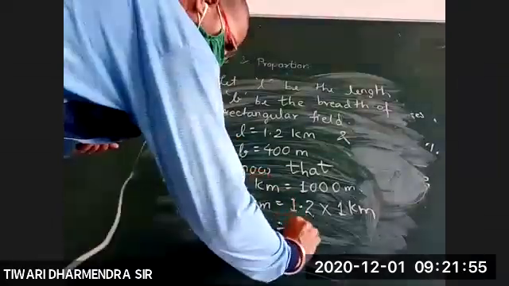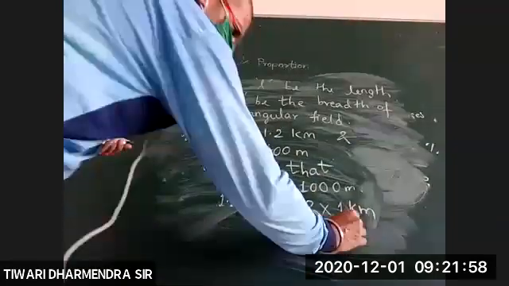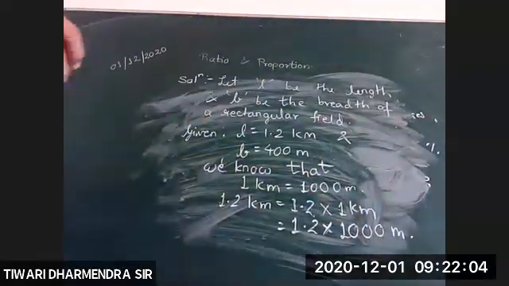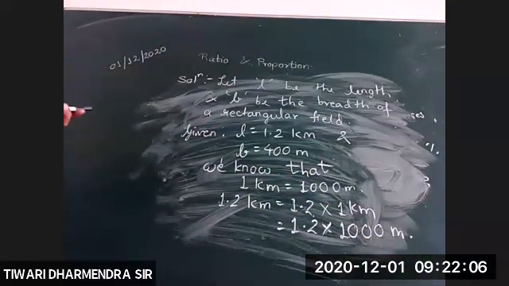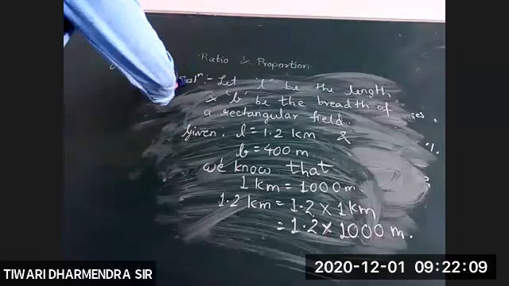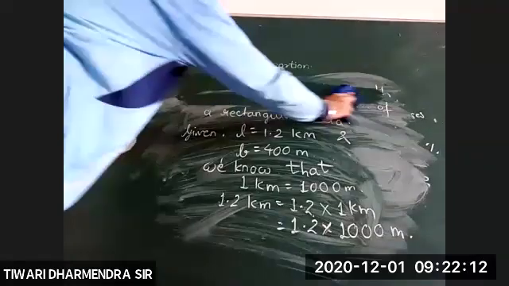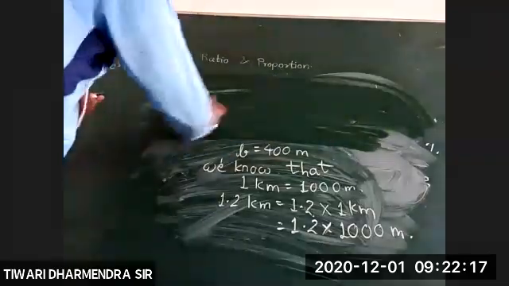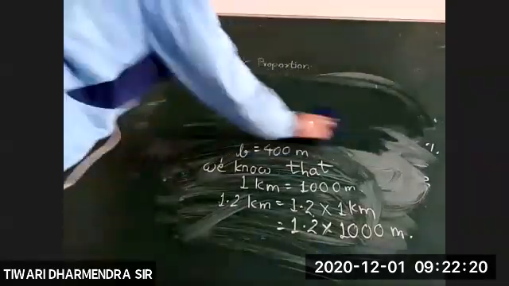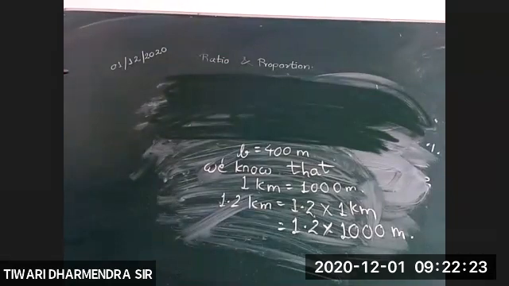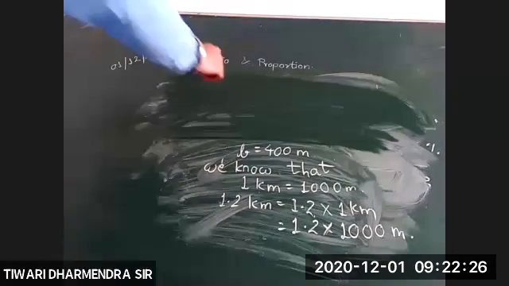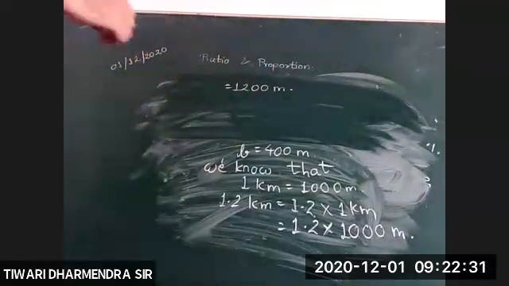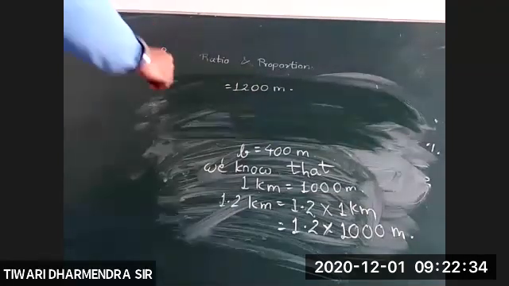So 1.2 into, converting 1 kilometer to meters, that is 1,000 meter. Hope you have copied this part. After multiplying 1.2 by 1000, we get 1200 meter.